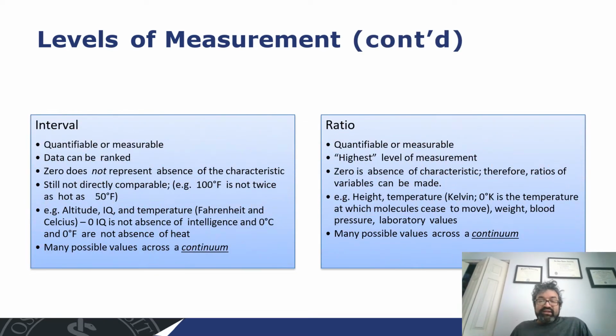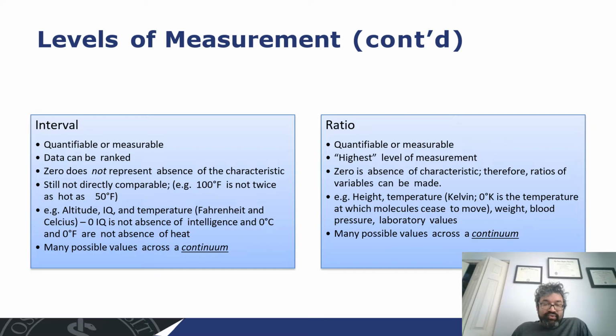That's not the only levels of measurement you have to worry about, but I think it's important to distinguish between a nominal variable and then an ordinal, interval, ratio variable. And I'm going to show you why the ordinal, interval, ratio are more connected than the nominal variable.